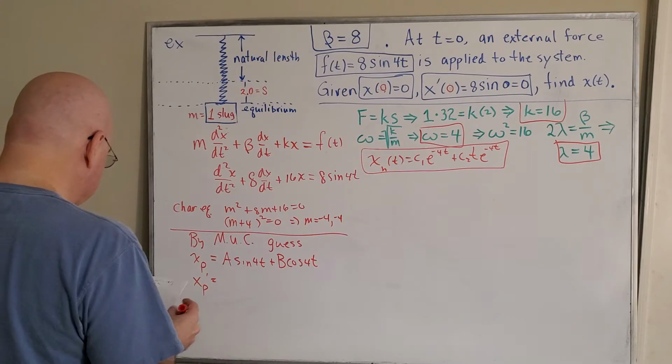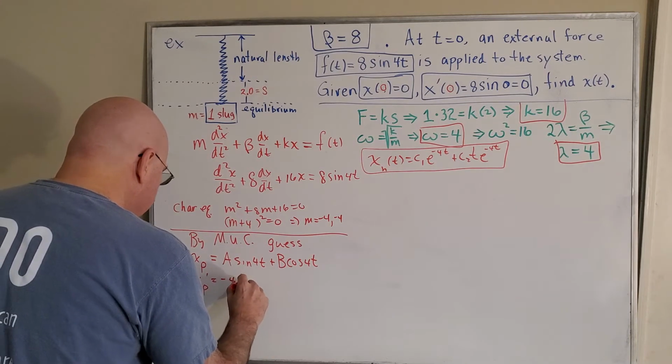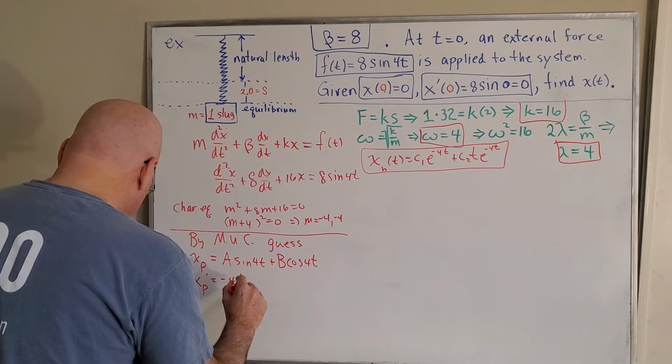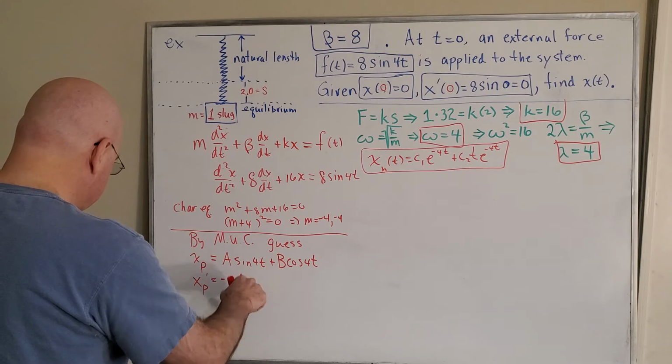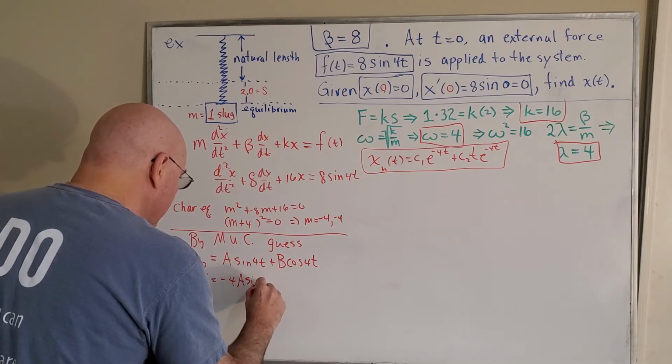The derivative of that is going to be negative 4A sine 4t.